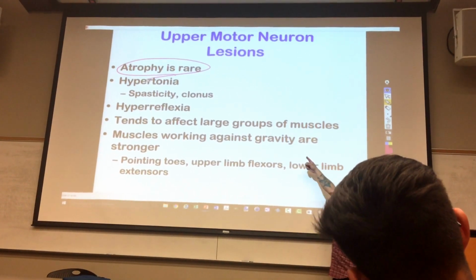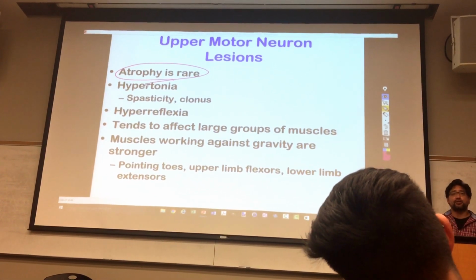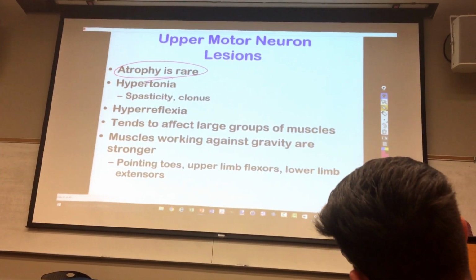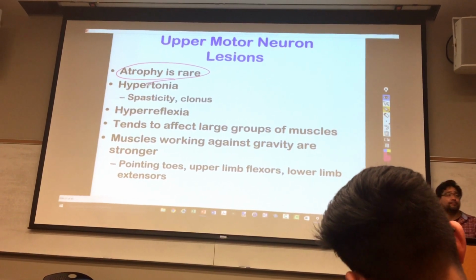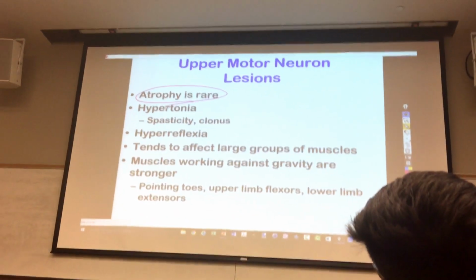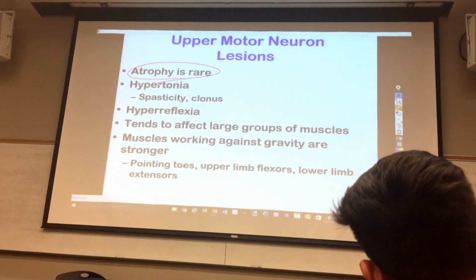Now, this is really important. It affects much larger groups of muscles. Why? Why would that be the case? Where's the problem? Upper motor, which are located where?